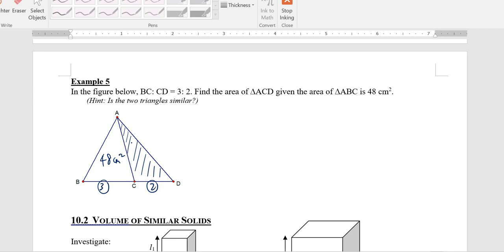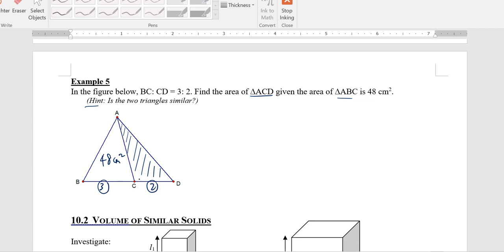Now, if you look at this question, the two triangles mentioned seem to be different from our previous example. So the hint here is, are the two triangles similar? If yes, we can apply our similar area ratio, but if no, we cannot do that. So are they similar?